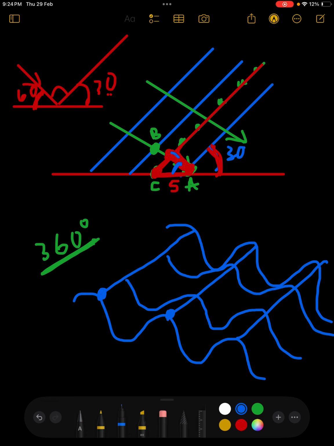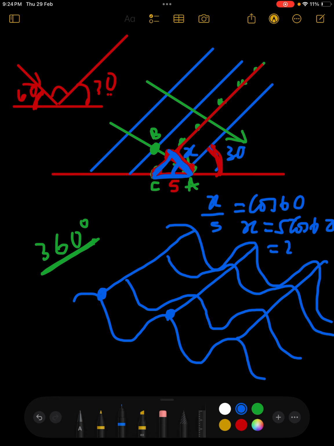So to find this, considering this will be the hypotenuse, and this one will be the opposite to this angle of 60, and this one will be adjacent. Let me call it x. To find x: adjacent over hypotenuse, x over 5, is equal to cos 60, in which case x will be equal to 5 cos 60, which gives us 2.5.